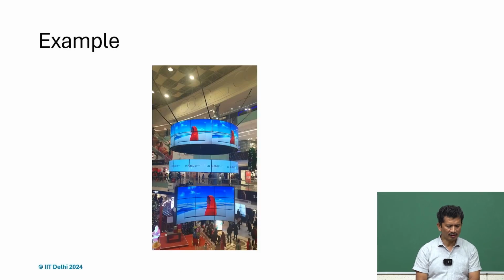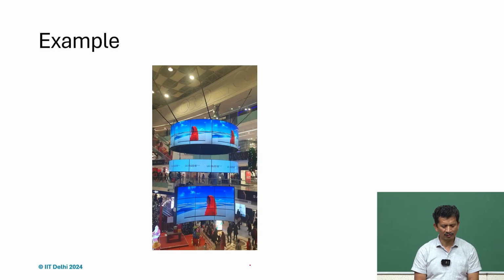So, there are similar examples, and we can use the constraint line approach again. What we see here is a huge display, and it was installed in one of the shopping malls here in Delhi.